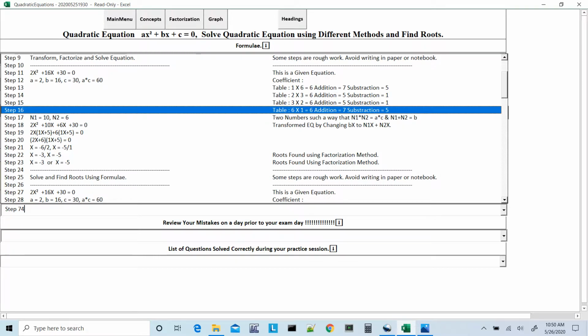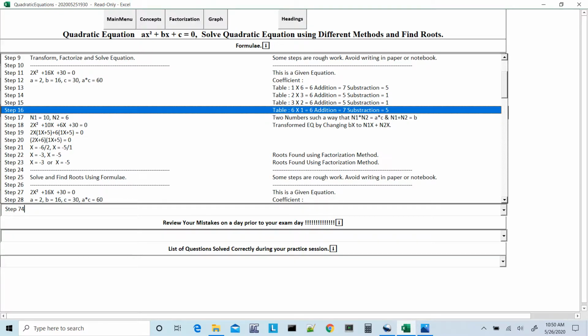Once you found these two numbers, n1 is equal to 10, n2 is equal to 6, you have rewritten this equation: 2x square plus 10x plus 6x plus 30 is equal to 0, step number 18. Then you have step number 19. You have taken 2x common. So now this equation reads, look at step number 19, 2x into bracket x plus 5, 6 is common, 6 into bracket x plus 5.